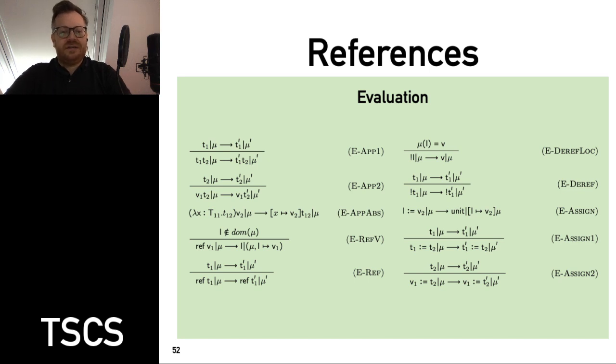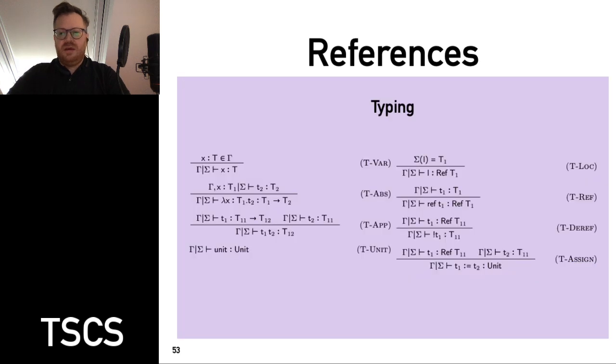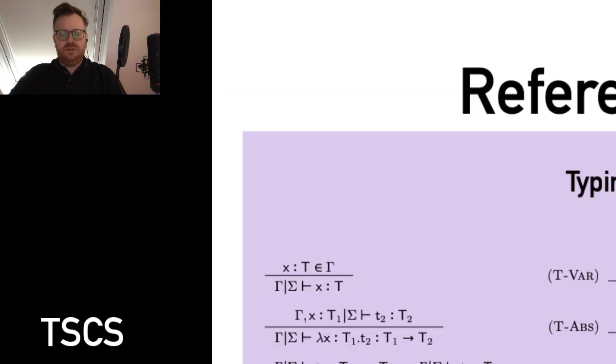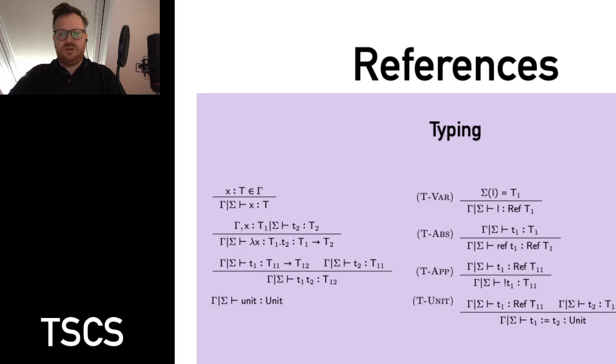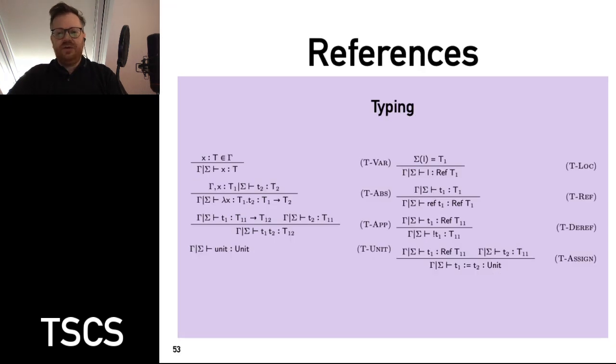And on the assignment side, that's also something that I wanted to show you. Let's look at this. So the last rule here, the T-Assign rule: you see that on the left side you have a reference.